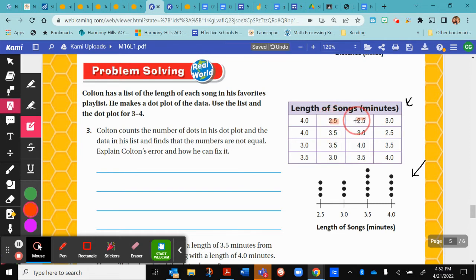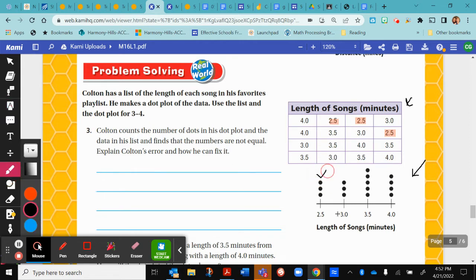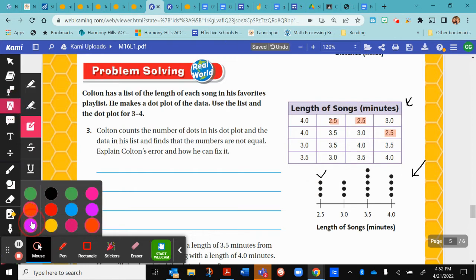That's 1, 2, 3, no more there. Okay, so he has 3 dots here, so that looks like it's right. So I'm going to put a check mark that that's right. Now let's go over to the next one.